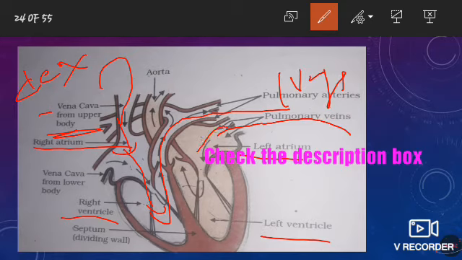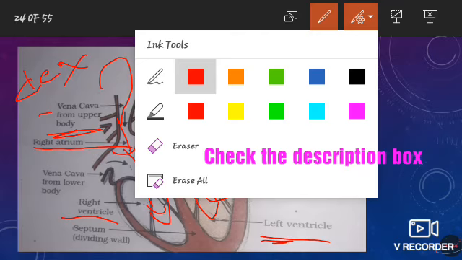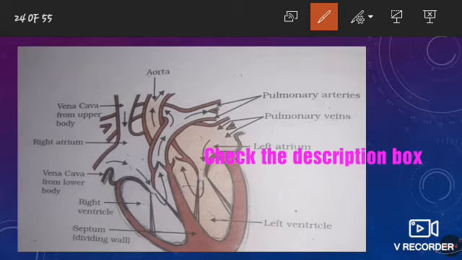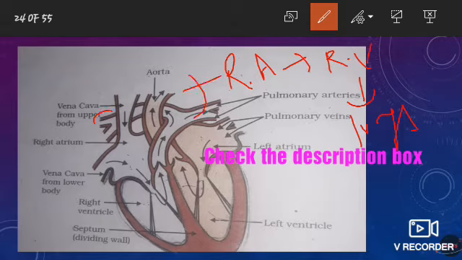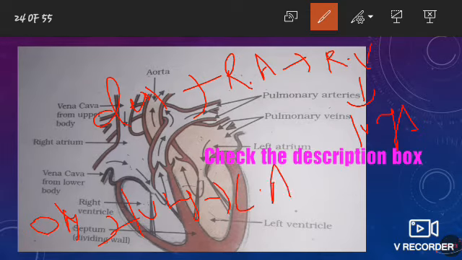And from the lungs, oxygenated blood reaches the left atrium, and from the left atrium it goes to the left ventricle, and from the left ventricle oxygenated blood goes to the whole body. So the circulation is like that: right atrium to right ventricle, and from the right ventricle to the lungs. This is deoxygenated blood. Now from the lungs oxygenated blood reaches the left atrium, then the left ventricle, and from the left ventricle to the whole body.